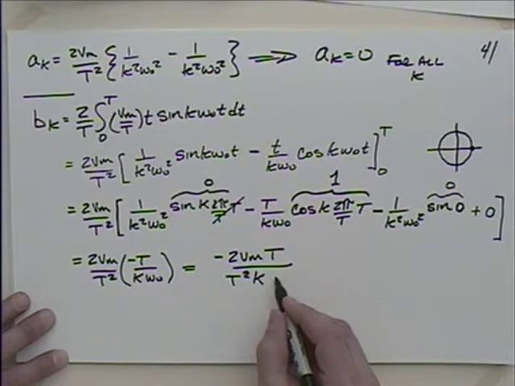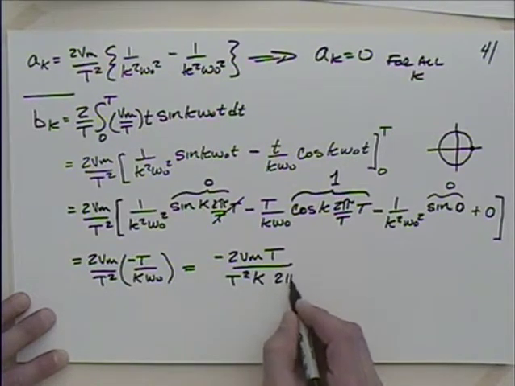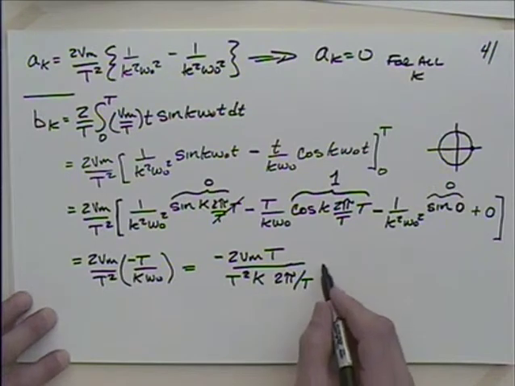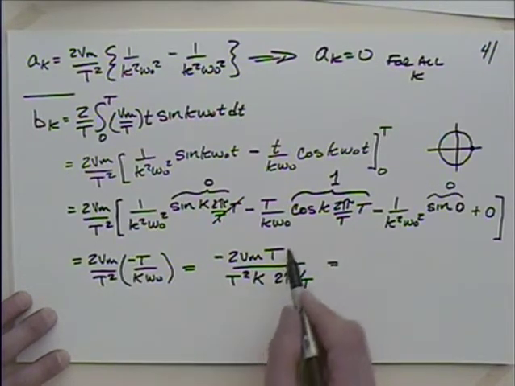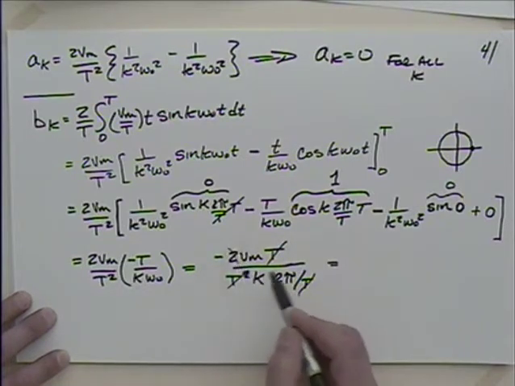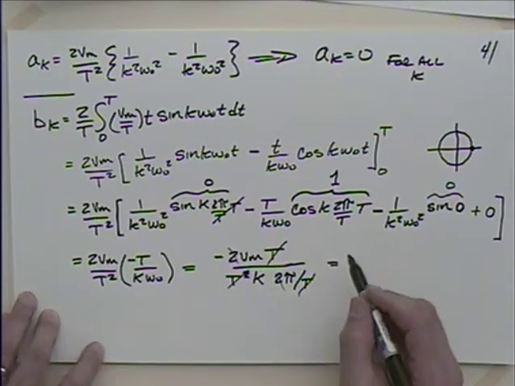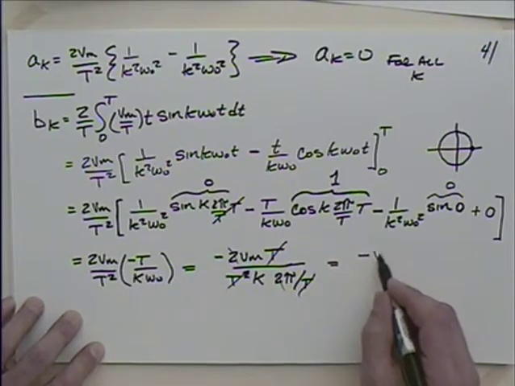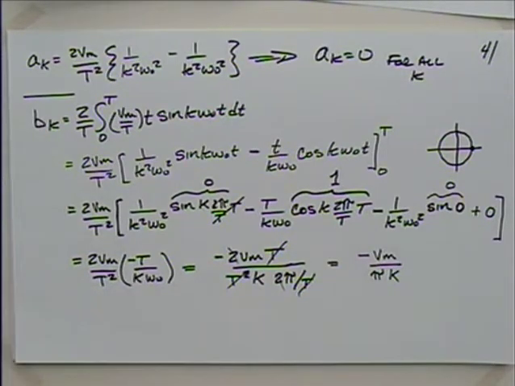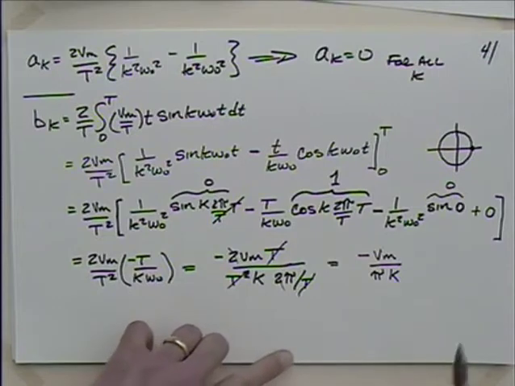I'm going to make my substitution for that. Remember that omega naught could be written as 2 pi over T. The denominator of a denominator is actually a numerator, so I get to cancel this and that, right? I get to cancel the 2's, and I'm left with what? Minus Vm divided by pi times k. Okay. And that's b sub k.